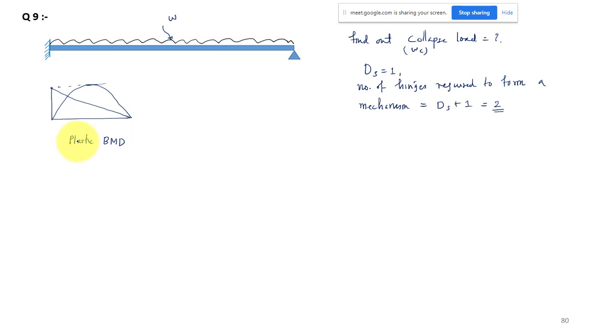In this case, where will be the maximum moment? One maximum moment you can expect at the support. When you are in the plastic state, this will be your MB. And where will be another peak? If you check the bending moment at midspan, somewhere here, you will get some value.